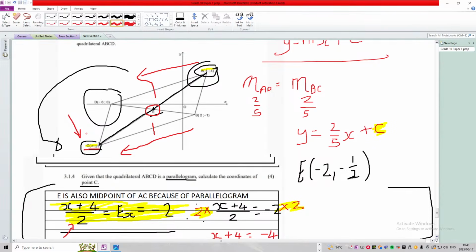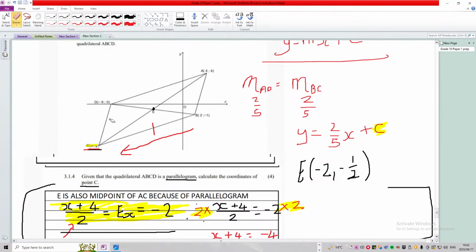And in a different question, I might not have the midpoint. Let me just erase this. I might not have the midpoint. And if I didn't have the midpoint, like Senzo and Latita are saying, this is equal to that over there.